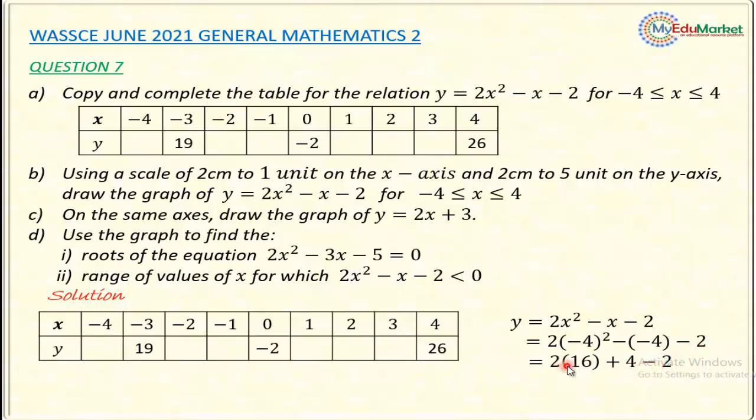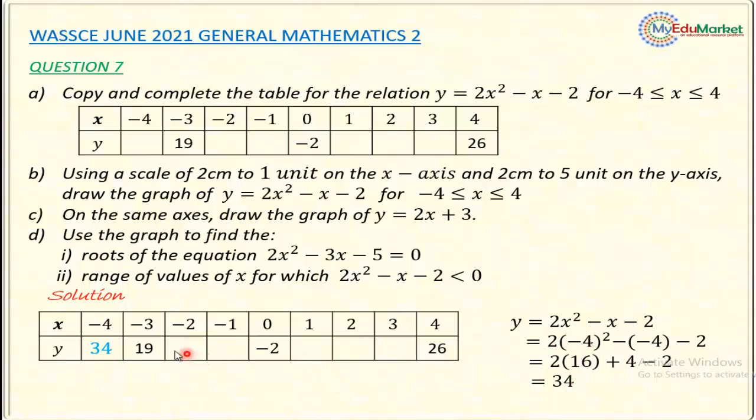Multiplying, adding and subtracting, I'll have 34. 2 times 16 is 32, 32 plus 4 is 36, 36 minus 2 is 34. So the value of y when x is -4 is 34. So I'm going to write 34 here. This is 34, the corresponding value of y when x is -4.